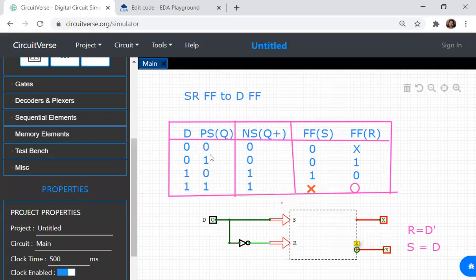For these four combinations, write down the next state. Consider the present state and the next state and write down the input flip-flop, SR flip-flop. Then solve using K-map for S, solve using K-map for R, then write down the logic diagram. So this is conversion from SR flip-flop to D flip-flop.